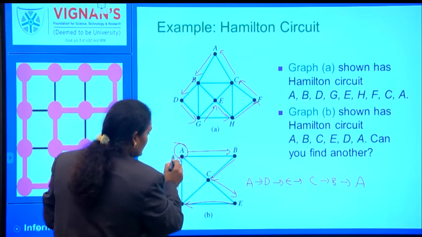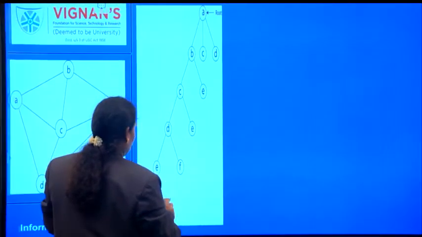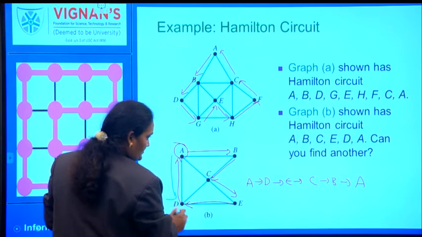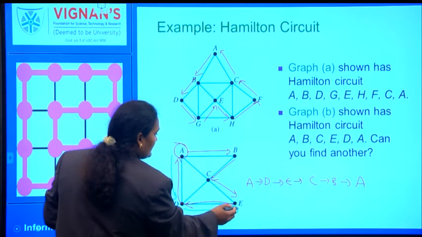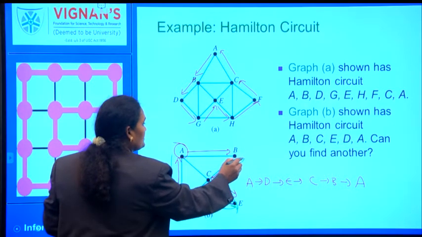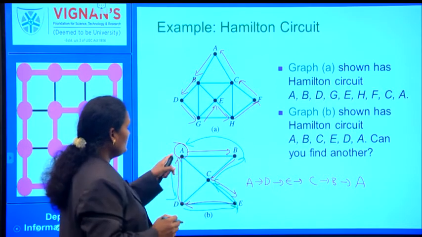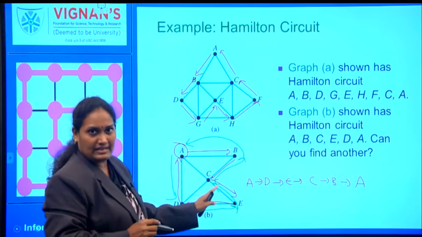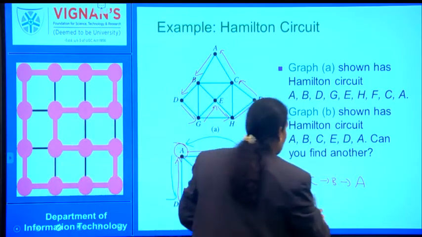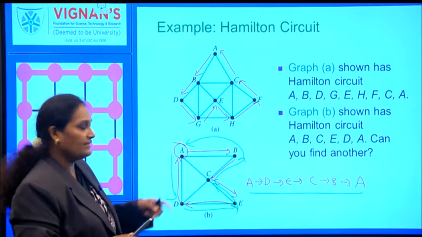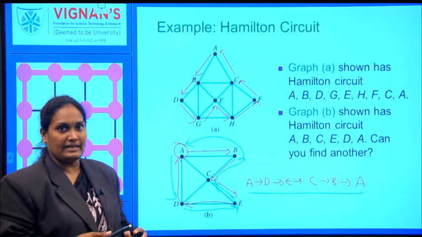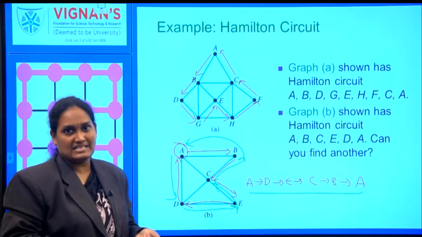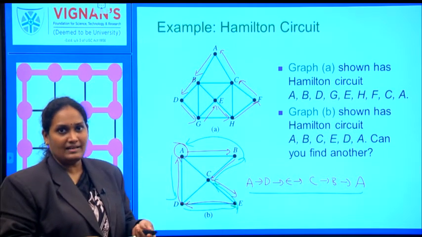We are moving A to D first, D to E, E to C, C to B, and B to A. The starting and ending vertex is A, and I visited all the vertices exactly once. So this becomes another Hamiltonian cycle for the given graph. That is, a graph may contain more than one Hamiltonian cycle. The backtracking process finds all the Hamiltonian cycles present in the given graph.